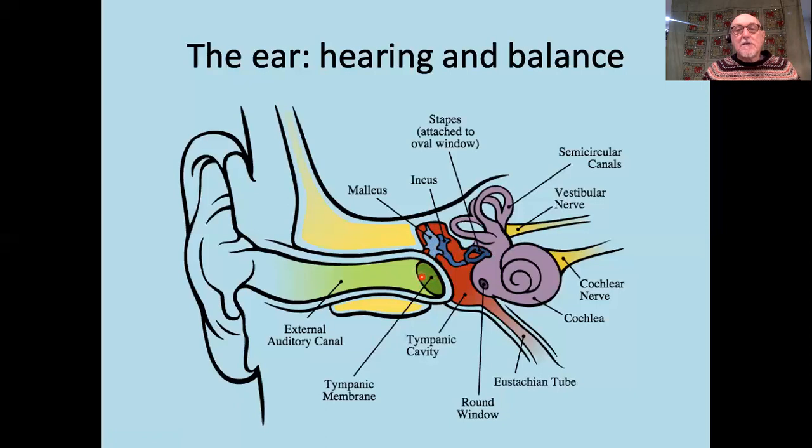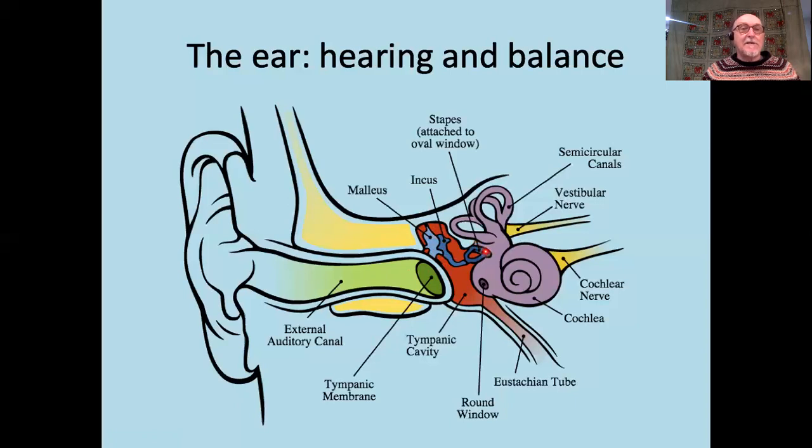The hammer, the malleus here, is attached to the tympanic membrane. When the eardrum vibrates with sound hitting it, the hammer vibrates and it transmits that vibration through all of these little bones to the stirrup bone there, to the stapes.